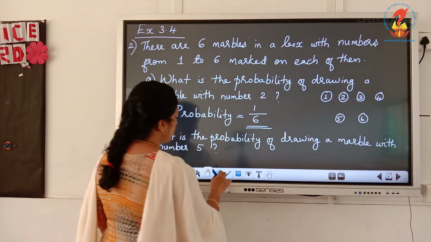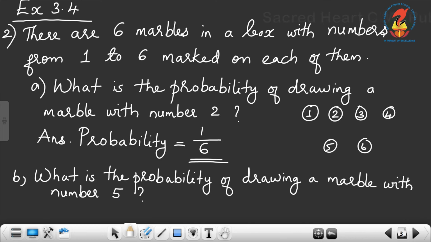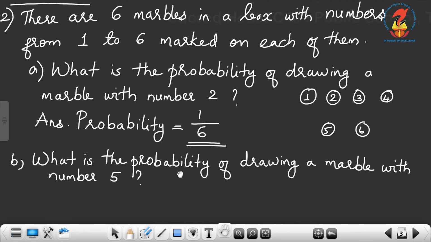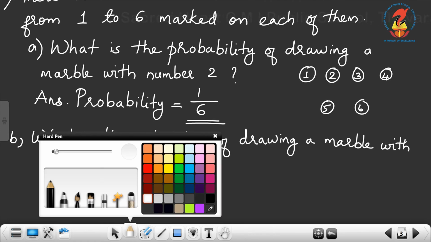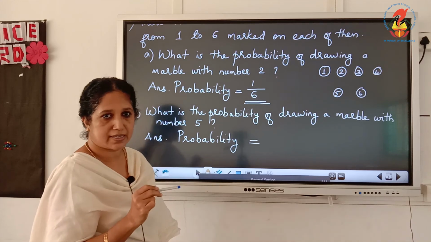Similarly, what is the probability of drawing a marble with the number 5? So, we have to find the probability. The required probability is equal to, only one time the number 5 we can see there.